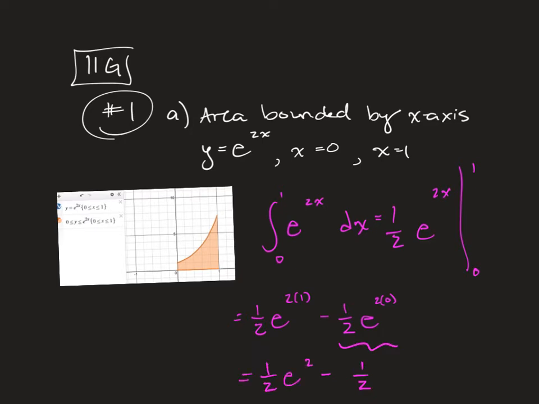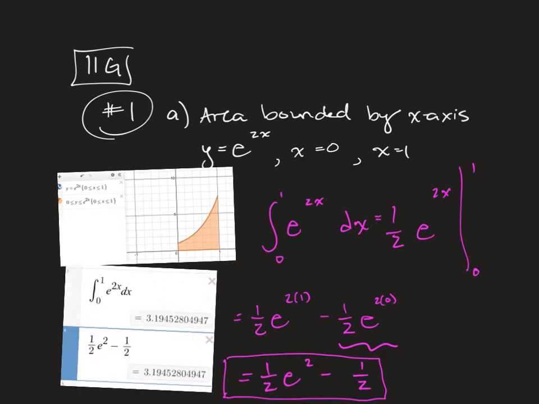And this right here is going to be your exact answer. We can get the decimal, but this one had an exact answer, so not asking for that from Desmos. Here you go. So we get about 3.2, but the exact answer you'd want is 1/2 e squared minus 1/2, or if you wanted to factor that out, you could totally say 1/2 (e squared minus 1).